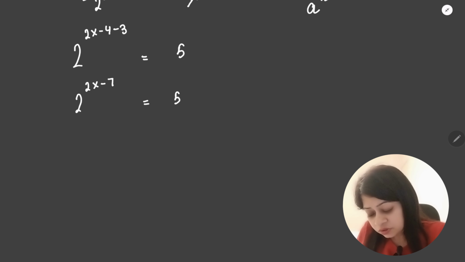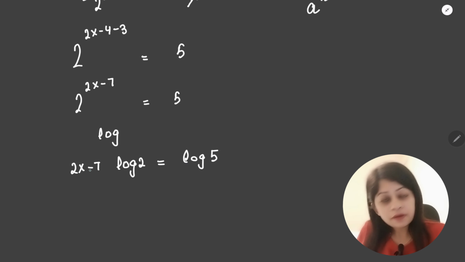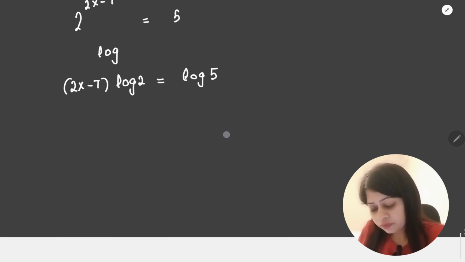So now taking log both sides, we have 2x minus 7 log 2 is equal to log 5, right? Now what can we do next?